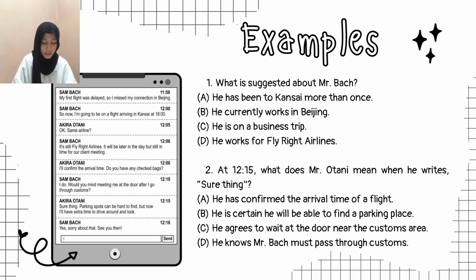Because he agreed to wait at the door near the customs area, which is what Mr. Batch asked him to do, and he just answered sure. It means that he agrees with what Mr. Batch told Mr. Otani to do. So the correct answer is C, he agrees to wait at the door near the customs area.